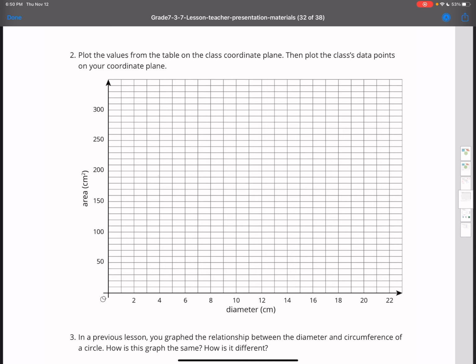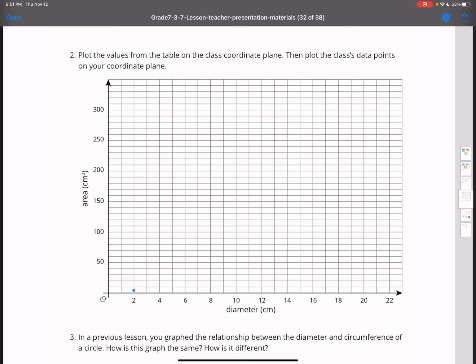All right, so the first coordinate point is 2 to 3, or the first ordered pair. The first ordered pair is from 2 to 3, which was the diameter and the estimated area that we did with each other. So I'm going to plot it right here.